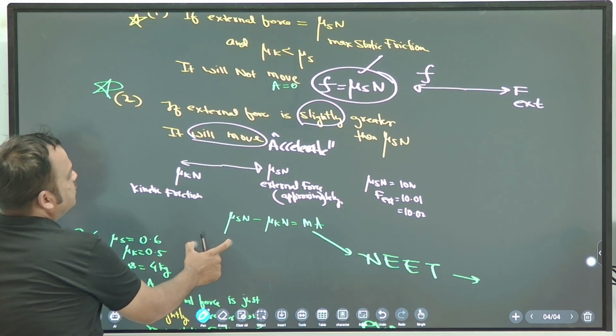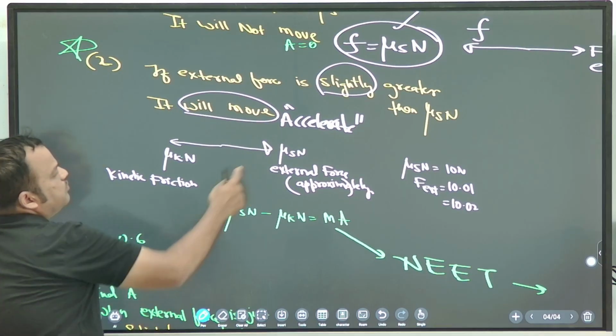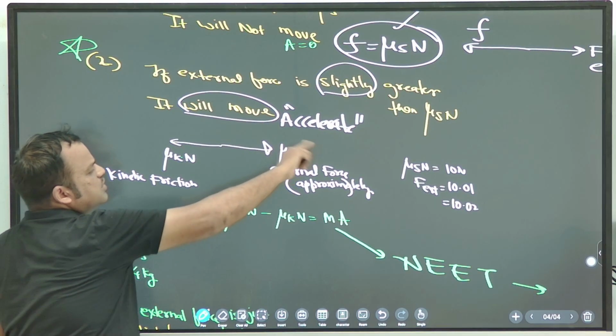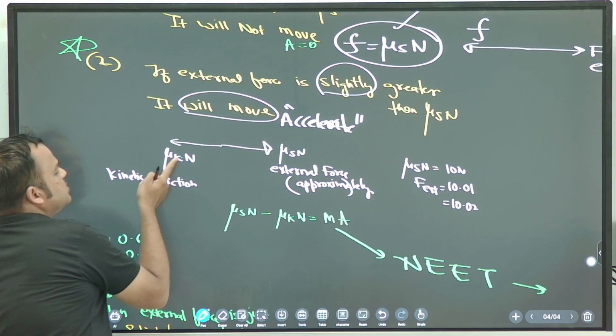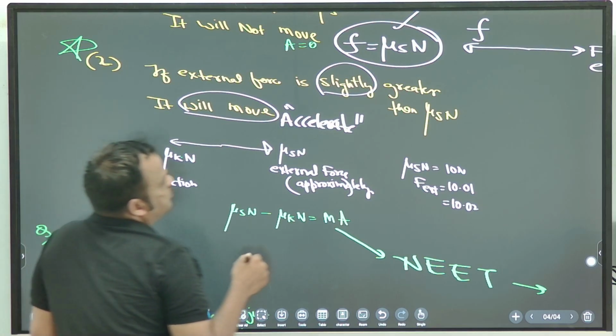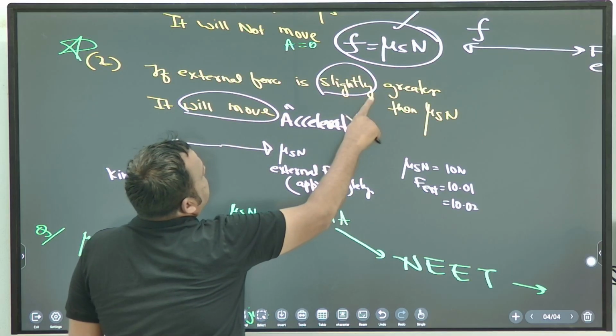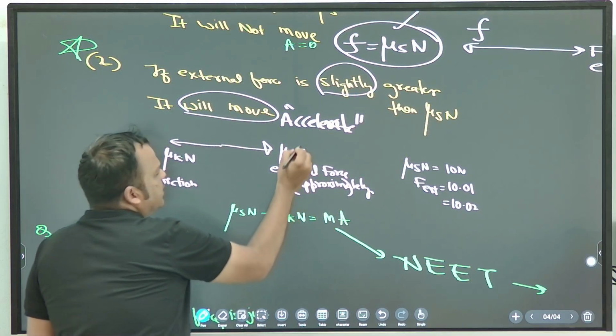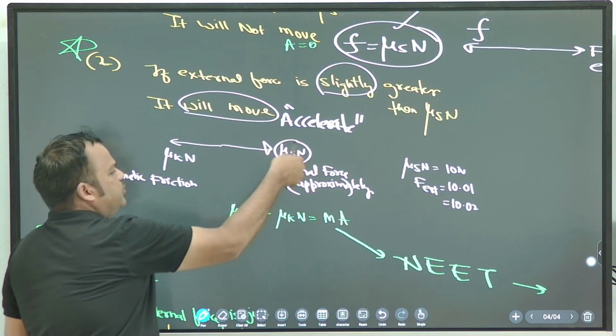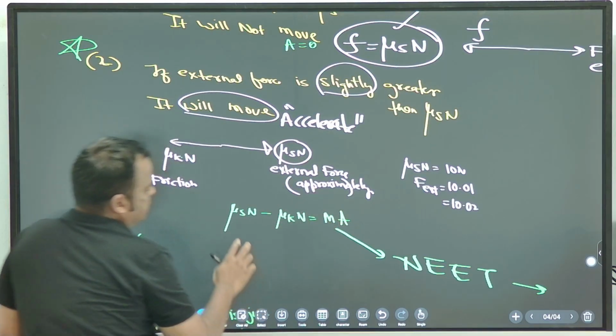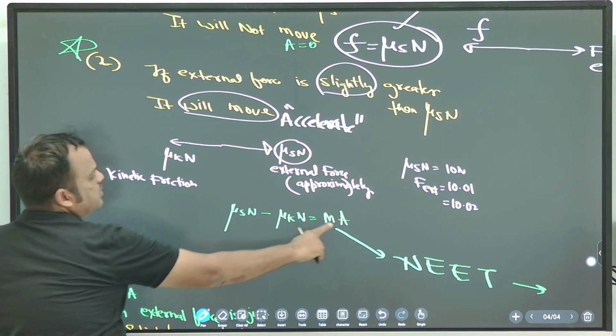Then mu Sn is external force and mu Kn is kinetic friction. Because external force is slightly greater than mu Sn, we can take approximately same mu Sn. So acceleration you can find using this: mu Sn minus mu Kn is equal to ma.